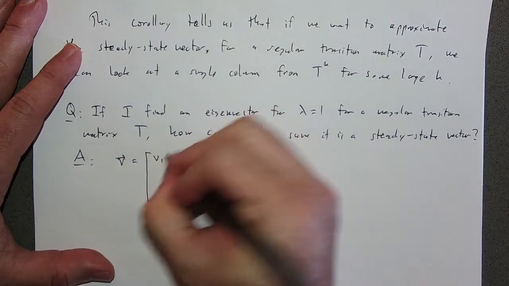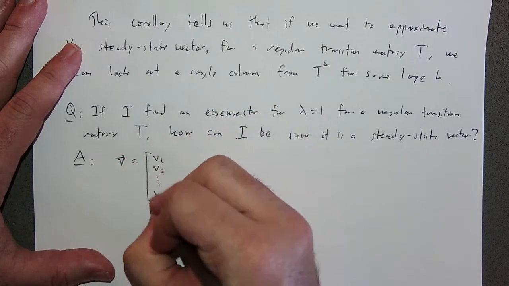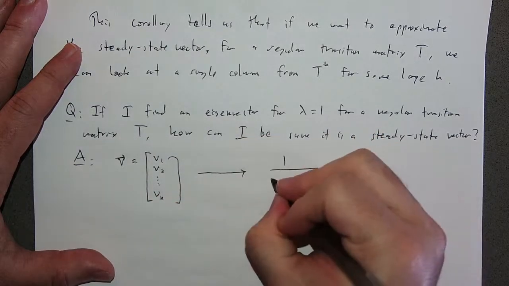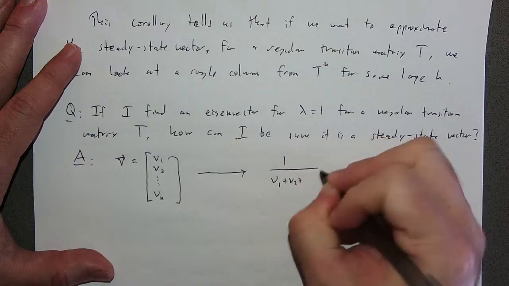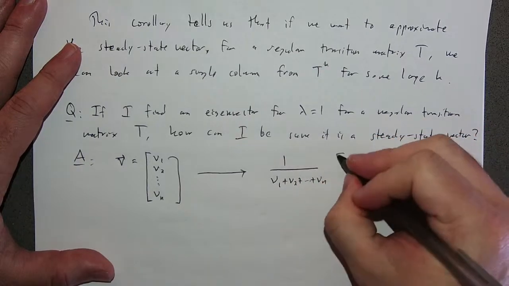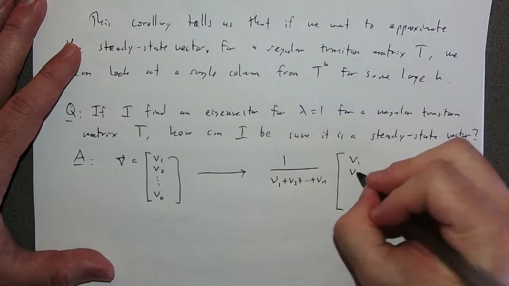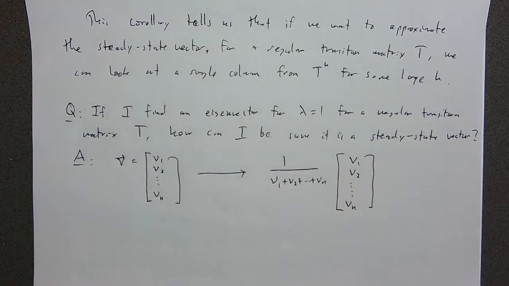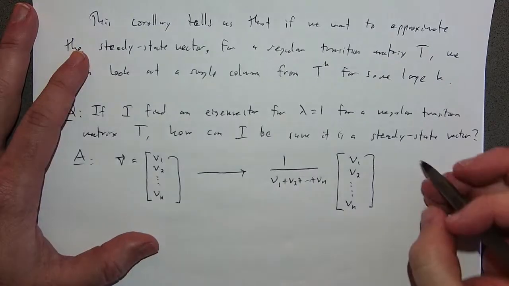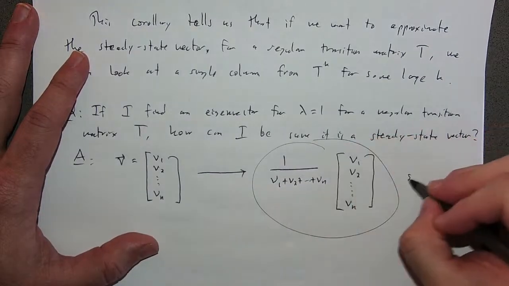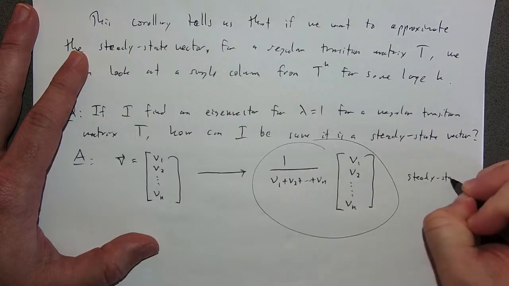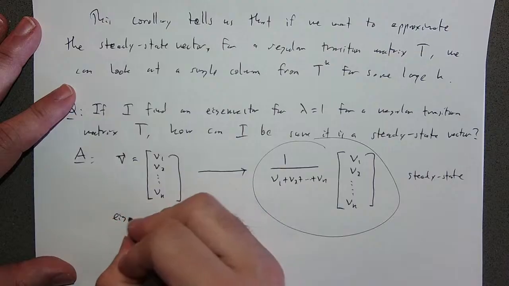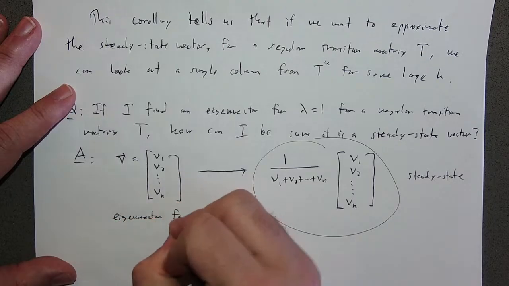So if the vector in question is this thing, scale it by the sum of its entries, then this will necessarily be steady state, so long as this thing is an eigenvector for lambda equals 1.